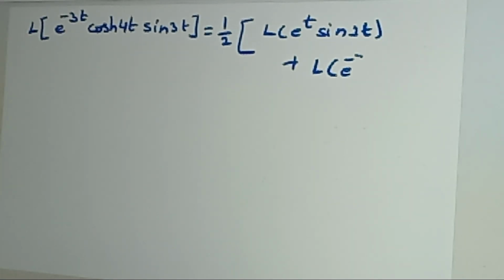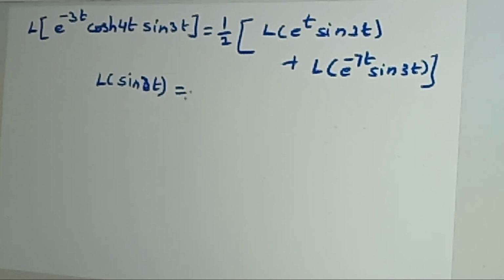Laplace of e raised to minus 7t into sin 3t. Now individually let us solve. Laplace of sin 3t क्या है? Laplace of sin 3t, what is that we have studied? Sin 3t का Laplace 3 upon s square plus 9.